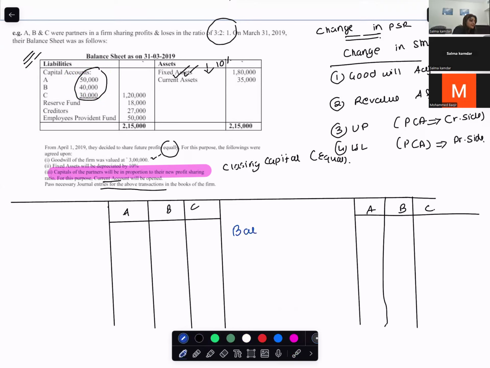Opening capital will come where? Credit side. So it will be 50,000, 40,000, and 30,000. Okay. What is reserve fund?